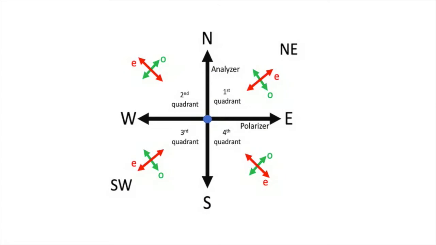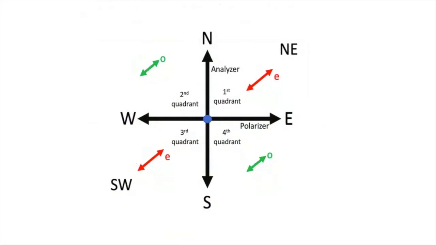The extraordinary ray vibrates along radial planes that contain the center of the cross or the optical axis. The ordinary ray vibrates along perpendicular tangential planes. Only their positions for the center of each quadrant are represented to simplify this diagram.